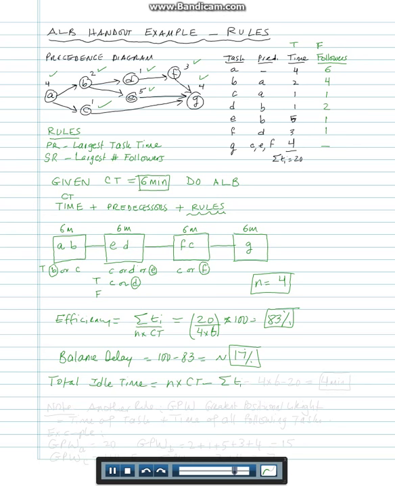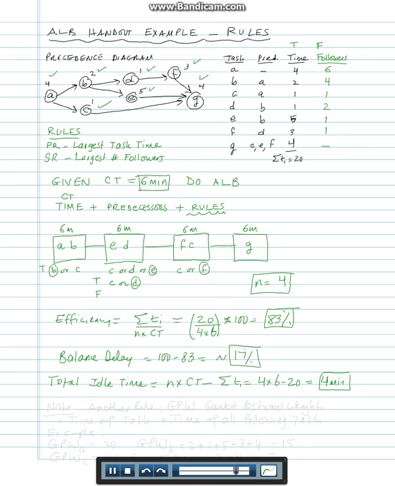So that would be equal to 4 times 6 minus 20. 24 minus 20 is 4 minutes, which is the 2 minutes here and the 2 minutes there. So that's how you do it with rules.